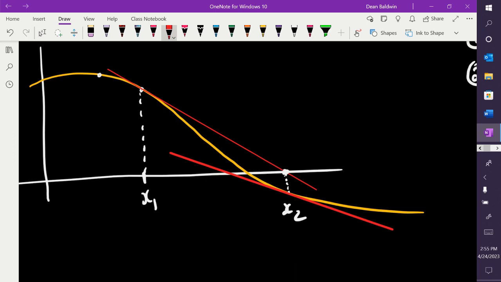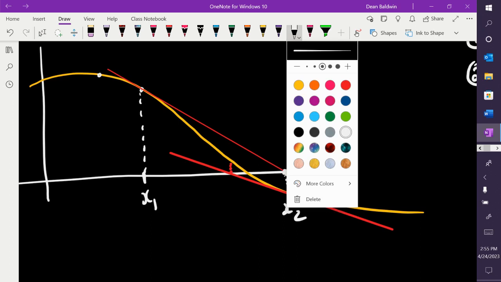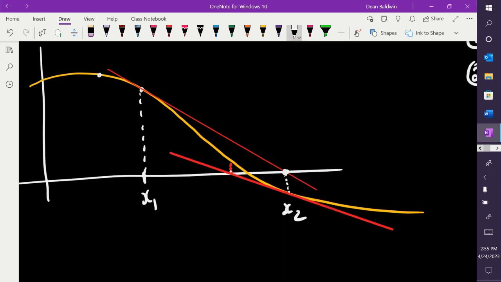Is this going on forever? No, because you'll see what happens. This point, this is x3. Then you do the tangent line at x3. And what do you get?